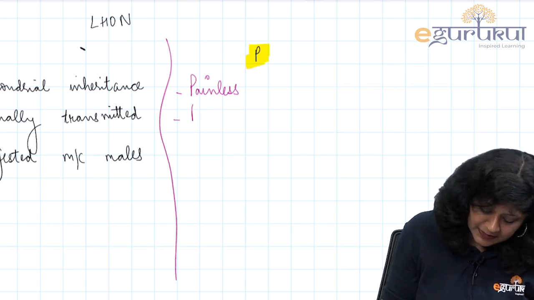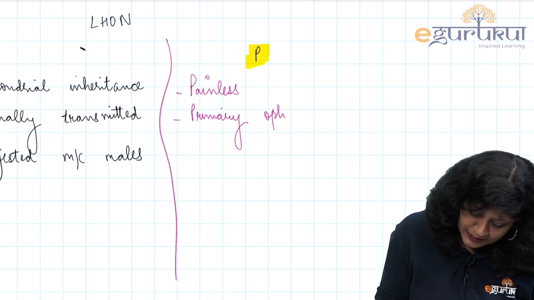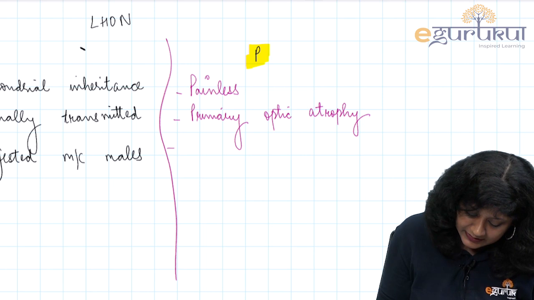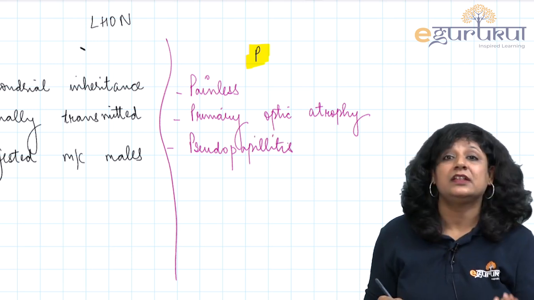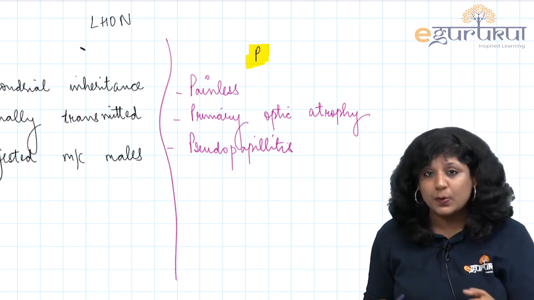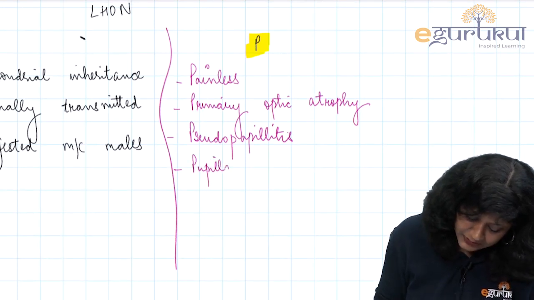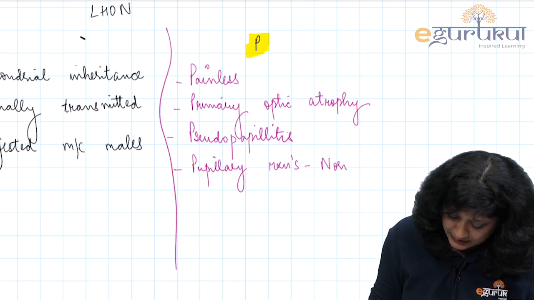We get P for primary optic atrophy. Primary optic atrophy is present here. Then we get the pseudo papillitis. It is an important condition where we are getting the pseudo papillitis or the pseudo papilloedema. Then P for pupillary reactions. The pupillary reactions are normal here. They are not abnormal.